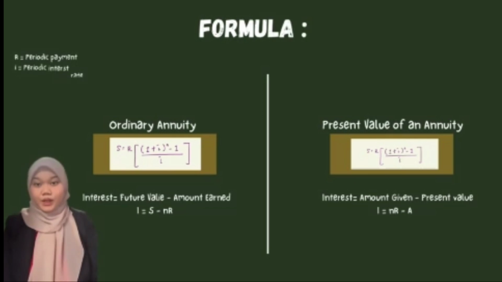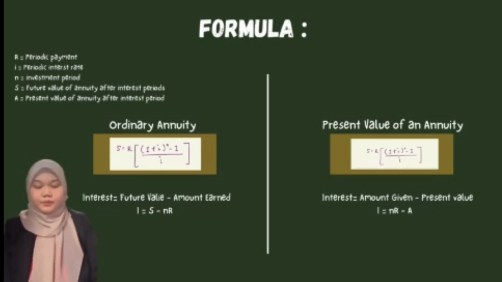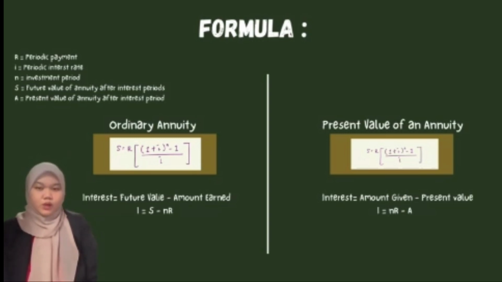So in this topic, there are two formulas that we can use to find the future value and the present value. The first one is the ordinary annuity, and the second one is the present value of an annuity.